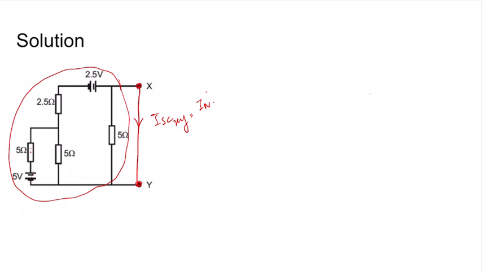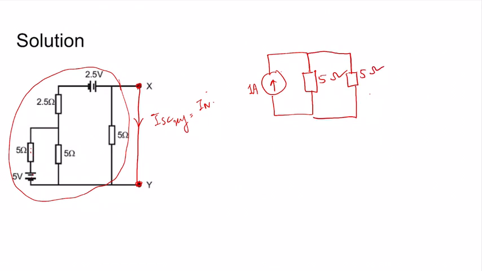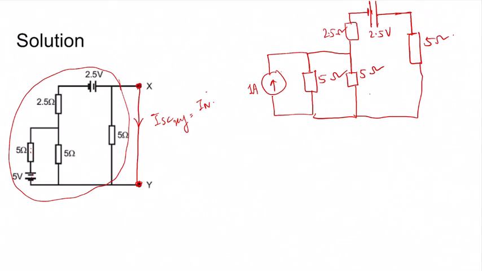Now let's break this voltage and impedance into a current source in the same polarity, V by R, so 1 ampere, connected in parallel with 5 ohms, and again we have 5 ohms and 2.5 ohms in series with 2.5 volts, and this is 5 ohms, and this is the network with X and Y terminals.